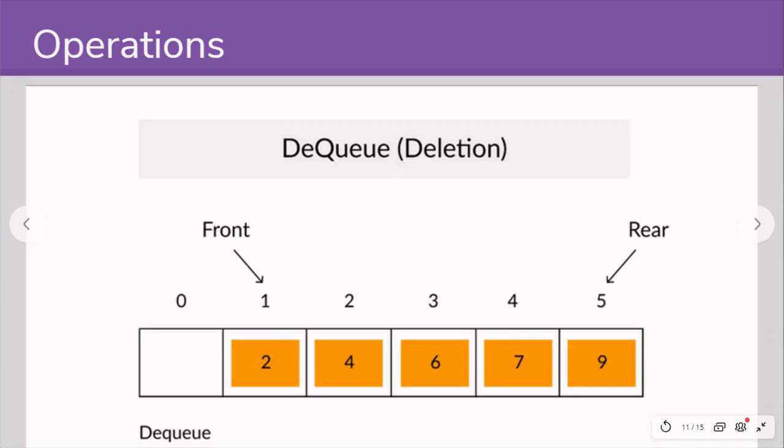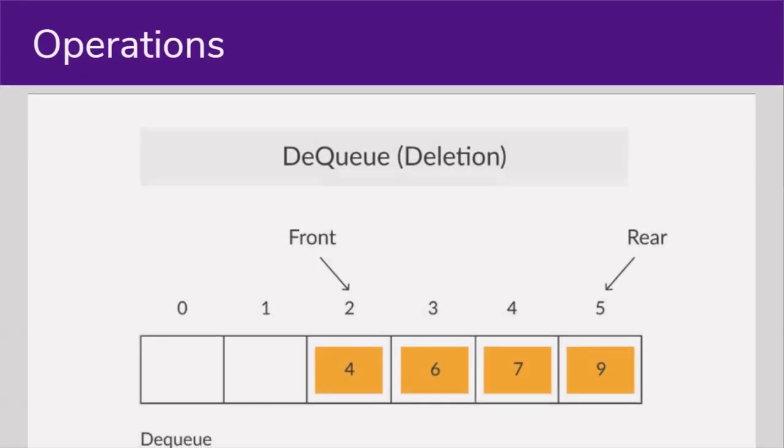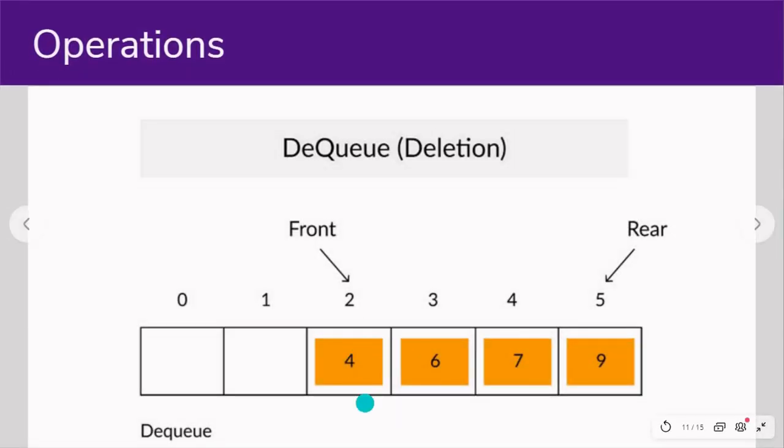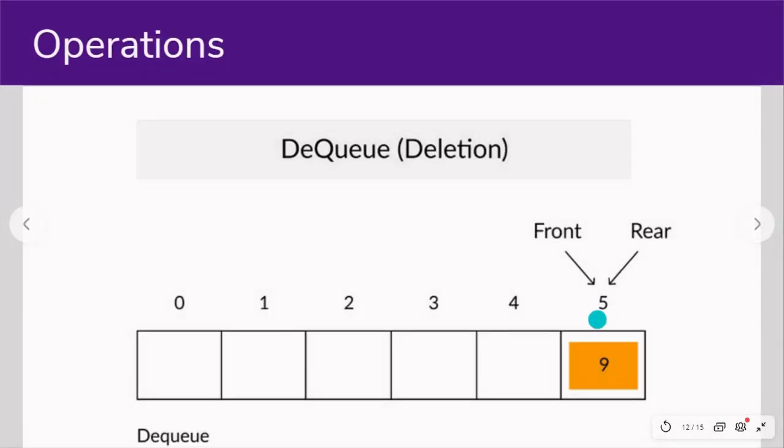After repeatedly performing the dequeue function, we arrive at the condition where our front and rear are pointing to the last element. Now let's see what would happen if both are pointing to the last element and we delete this element. First the value that is queue of front, that is queue of 5, and what is queue of 5? That is 9. So that 9 would get assigned to the variable val, right? And after that our front would get incremented.